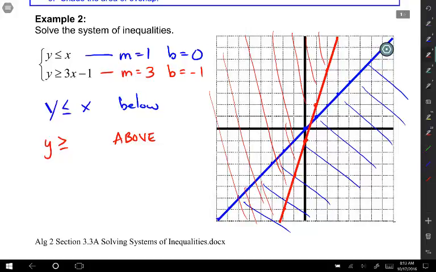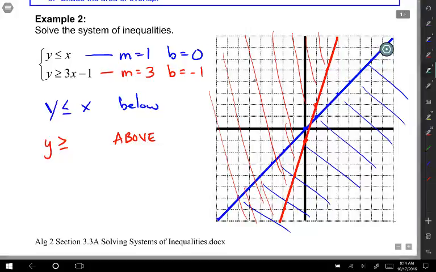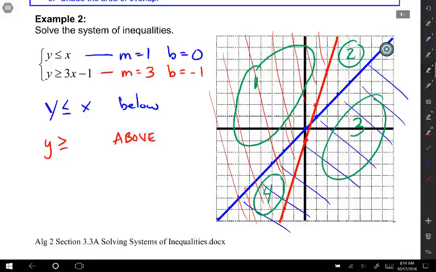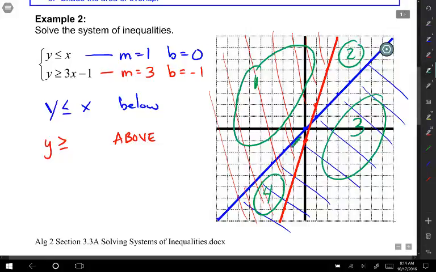Paul? Let me make it a little easier for you to identify. We're going to call this section 1, this section 2, this section 3, and this section 4. Do we all agree section 4 is where they're both shaded? Yes. Okay, so section 4, I'm going to shade that in green.